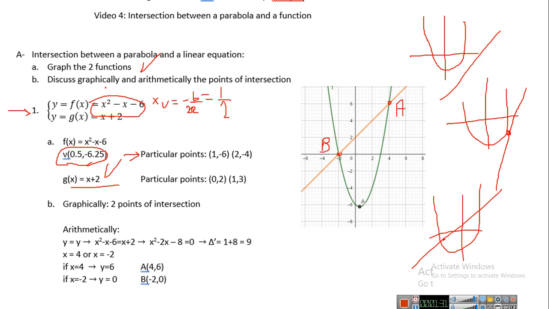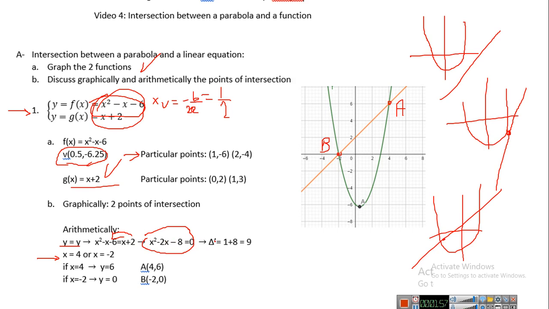How do we find the coordinates? Since the points are both on the line and on the parabola, we say y equal to y. So you equate these two and bring everything to one side, and you have an equation of second degree. Here, because b is even, you can do delta prime. If a calculator is allowed here, you can get the answer directly.